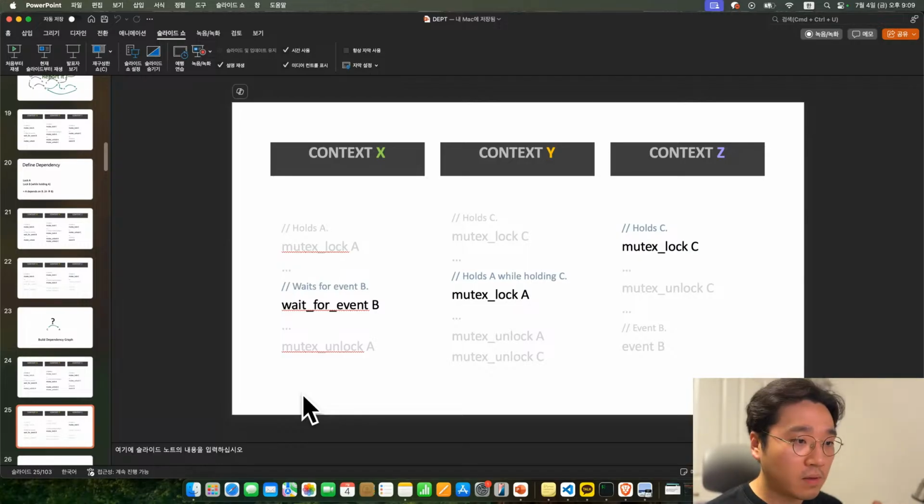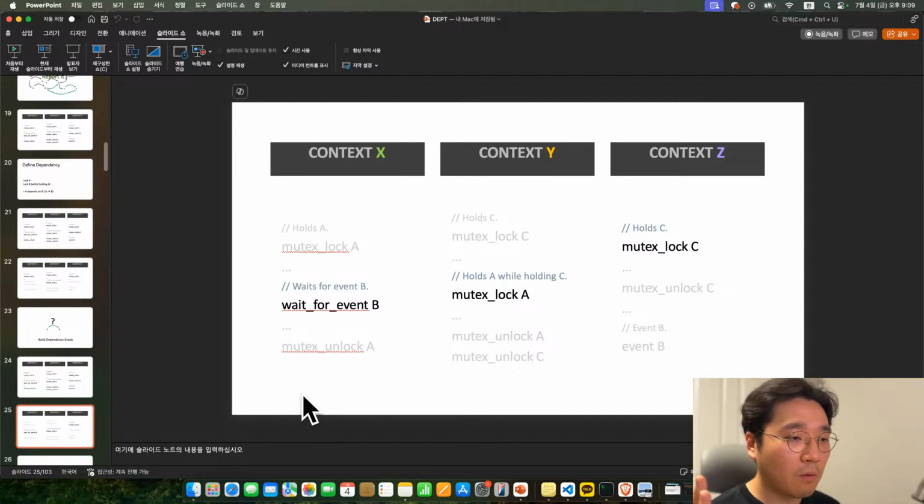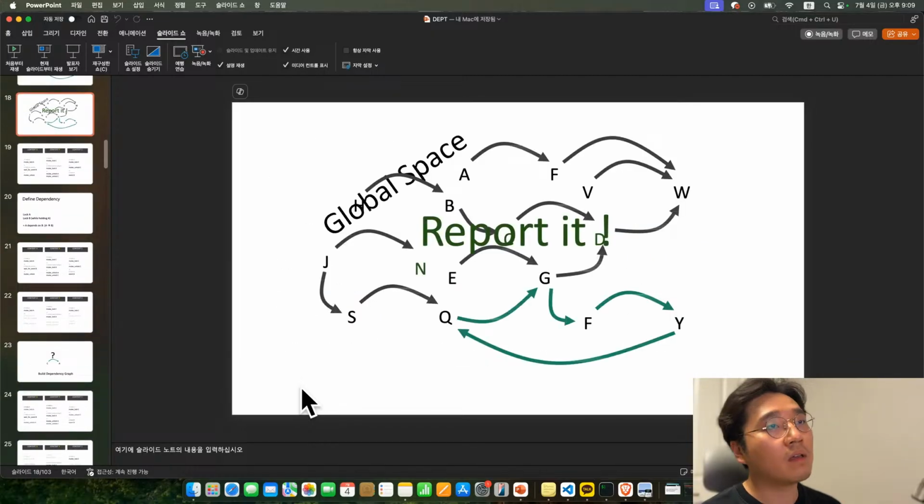There's no report, and we need to find and investigate all the stuck processes and find the dependency for each lock, what makes the circular dependency in that system, right? This is very hard because in a real system there are so many dependencies, right?